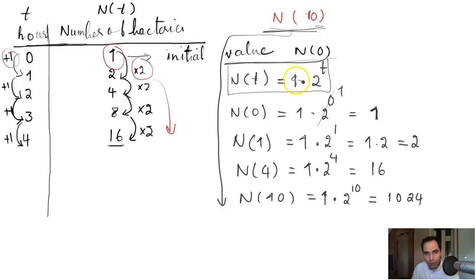So you need this number, which is 2, and then that's it. And then you raise that number to your variable, which is, for example, t here. It could be x or it could be anything else. So that's basically one example that we can do here.